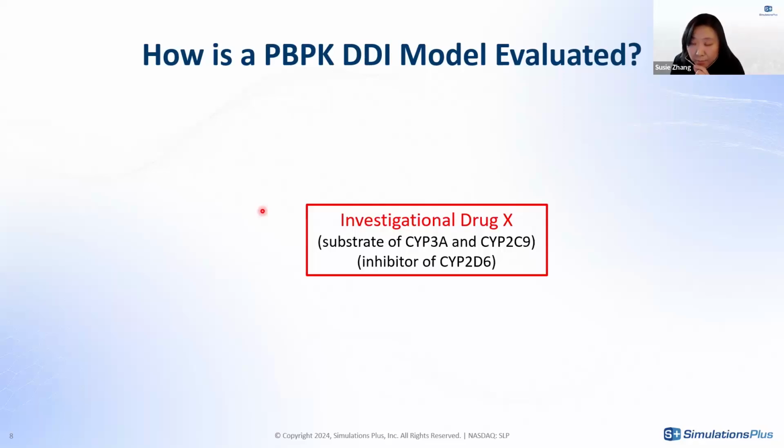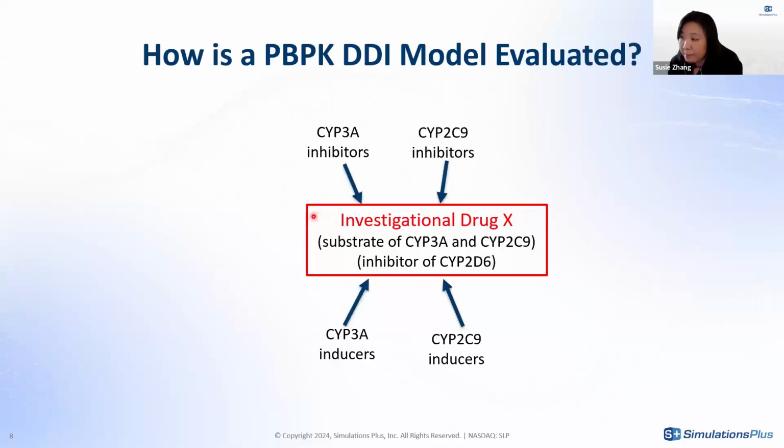It's an inhibitor of CYP2D6. As a substrate of CYP2C9, you may potentially need to consider the impact of genotype. And depending on the fraction of the drug being metabolized by CYP2C9, the genotype or the phenotype may or may not have a significant impact on PK.